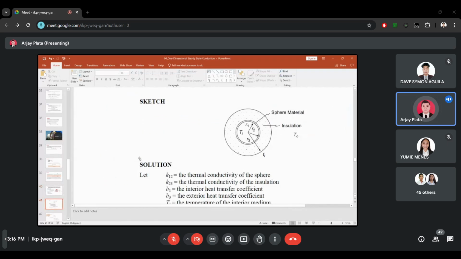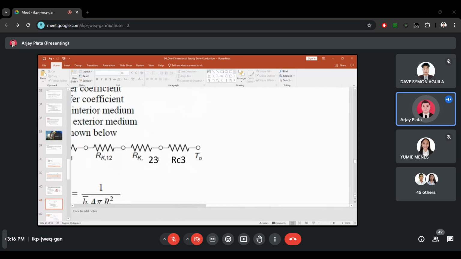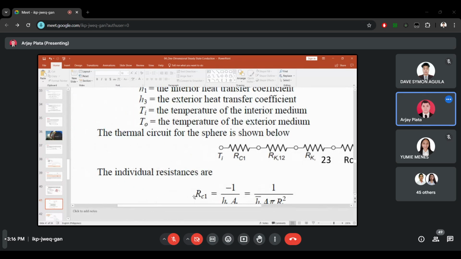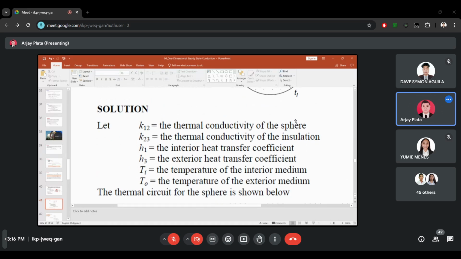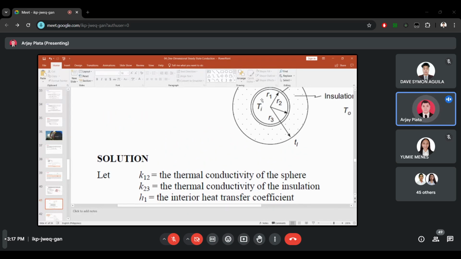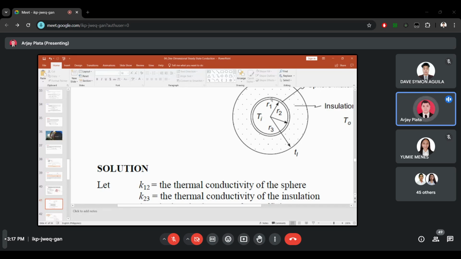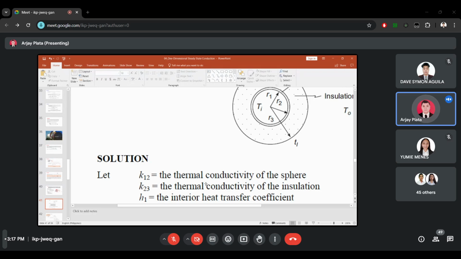So let us assign some nomenclature. K12 is the thermal conductivity of the sphere. It is 1 2 because the sphere's radius is from point 1 to point 2, so R1, R2. For the insulation, we have the thermal conductivity K23.